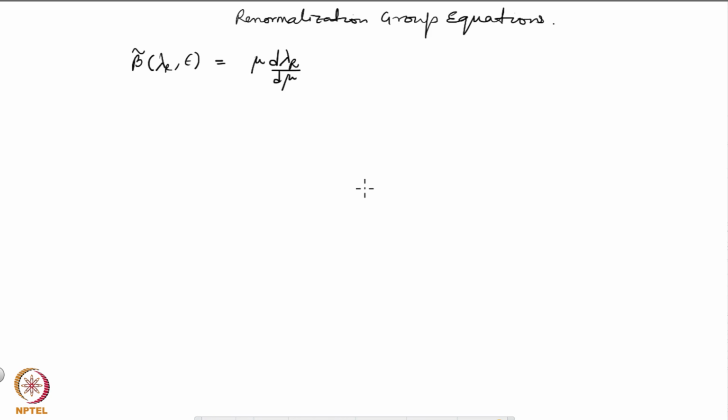Now I want to look at how the mass parameter should be changed when you change the scale mu. Okay, and I should remind again that mu is not a physical parameter in your theory, because it is not something present in the bare Lagrangian.